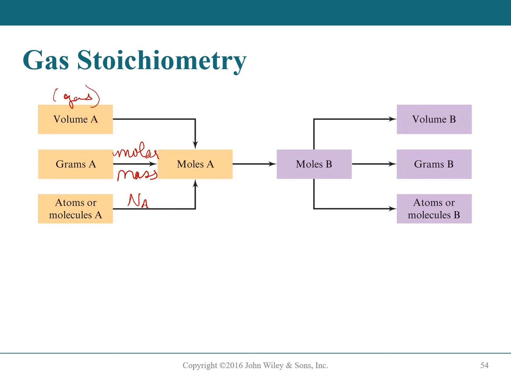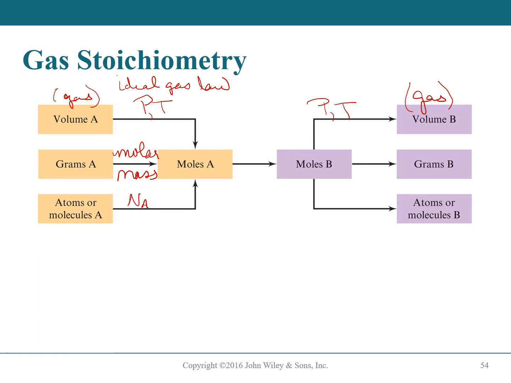how do you get moles? You're going to need your pressure and your temperature, and then use your ideal gas law. And this is mirrored, same thing, if volume B here is a gas, then you're going to need your pressure and your temperature for the ideal gas law.